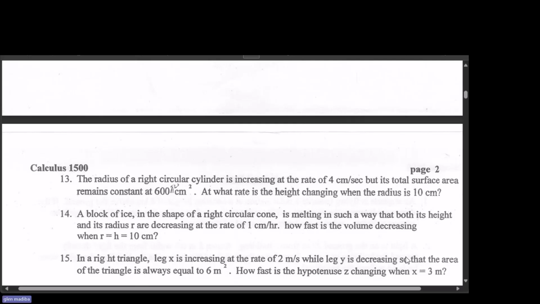So what's the final answer again? Minus 14 over 15 meters per second. Okay, sir. Thank you. You're welcome. Is it making sense? Yes.